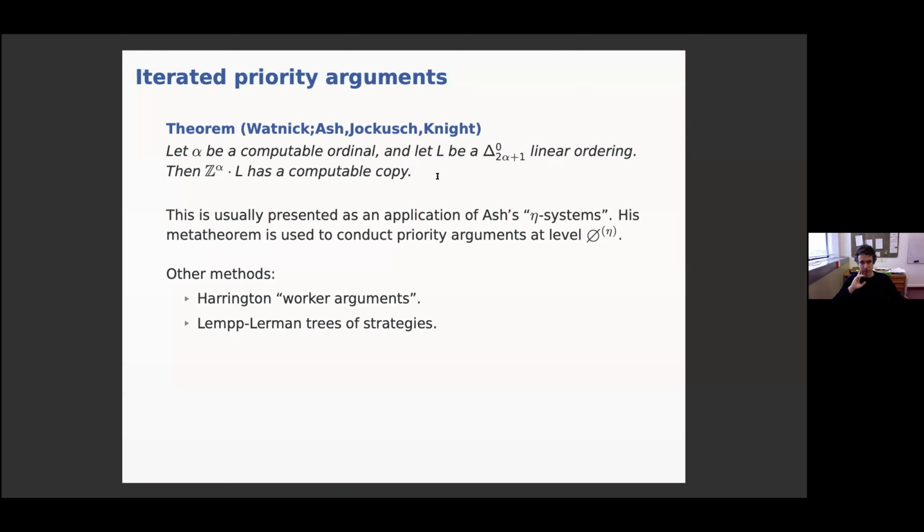Harrington had his workers arguments that were recently used by Andrews and Julia Knight to construct strongly minimal theories. And then there's Lempp-Lerman trees of strategies that are used to construct particular kinds of embeddings of jump lattices into the Turing degrees.